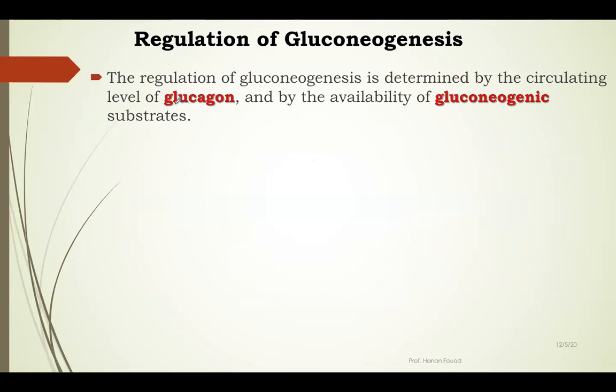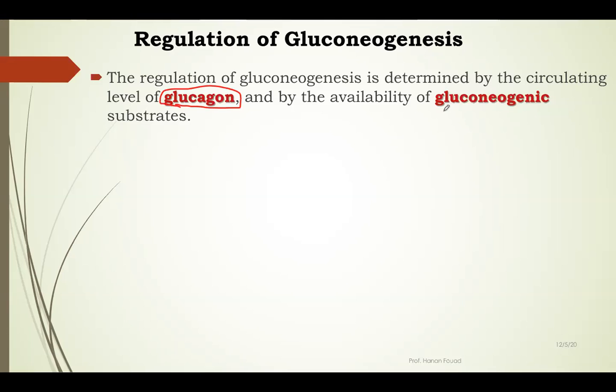Of course, glucagon is very important because glucagon and epinephrine induce the synthesis of the key enzymes of gluconeogenesis. These enzymes are not synthesized in our body unless there is glucagon and epinephrine, unless there is starvation.